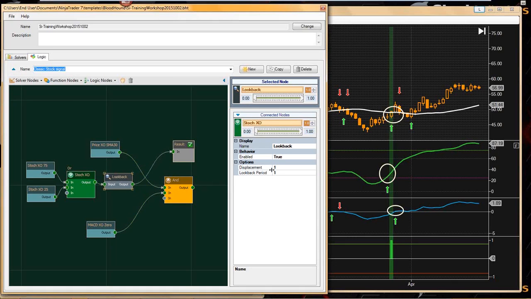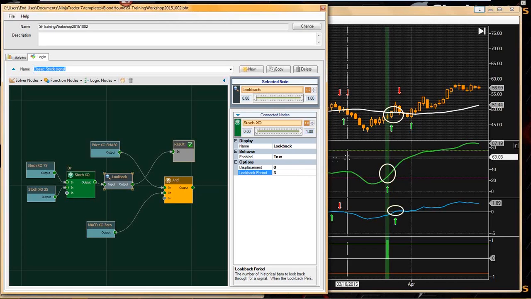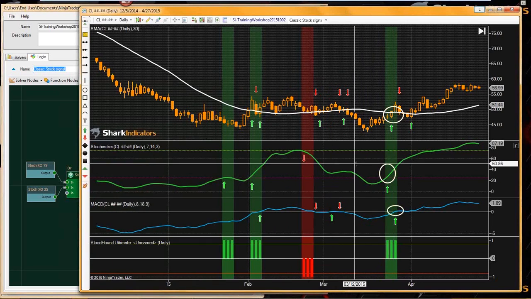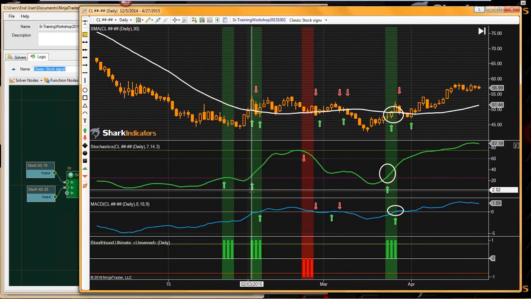So we'll take this lookback, and you see it has a displacement and a lookback. In our case, we don't want to use a displacement, so we're going to set that back to 0. But we do want to look back, and we're going to set that lookback to 3. And the mode, we want to use max. Alright, so look at here.